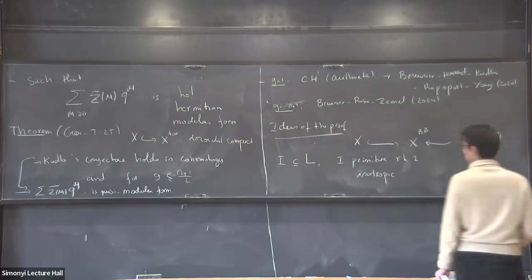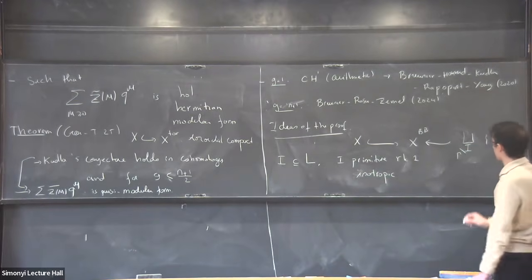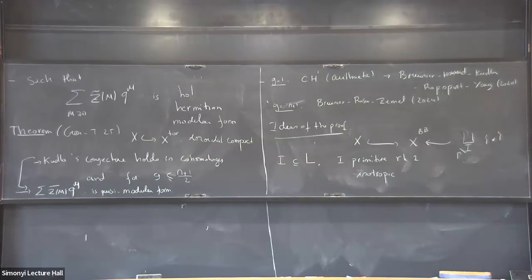Up to gamma action, there are finitely many such primitive isotropic subspaces of L, and the Baily-Borel is just obtained by adding this finite collection of points.